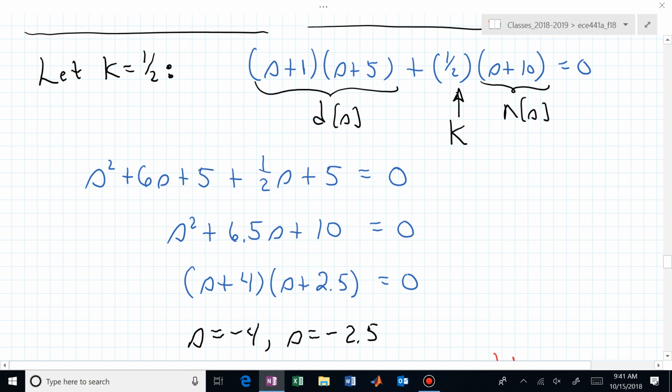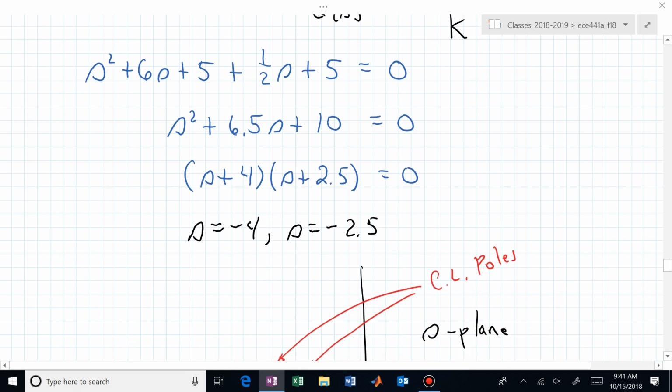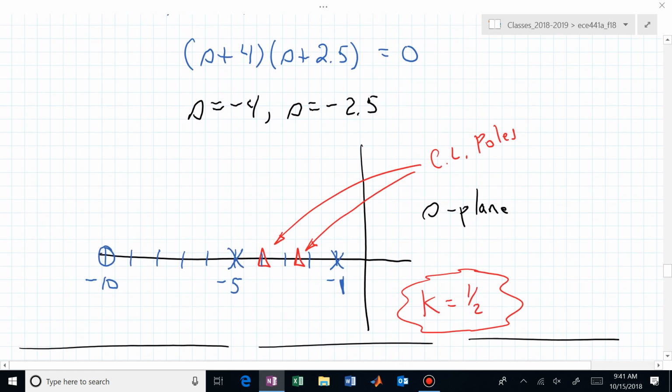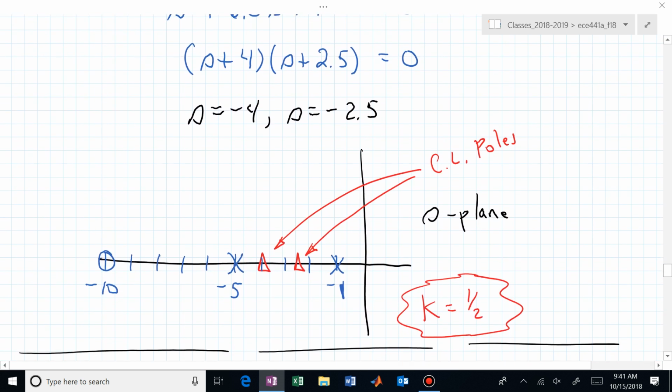Now our closed loop poles have actually started to move together. Here's what we had in blue in the open loop. In red is where our closed loop poles are for k equal to 1/2. So those triangles now are representing how our closed loop poles migrate or move around or form a locus in the complex S-plane as we adjust k.